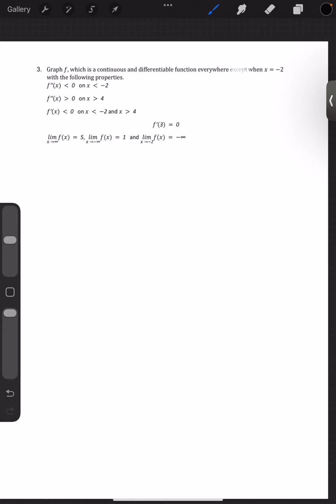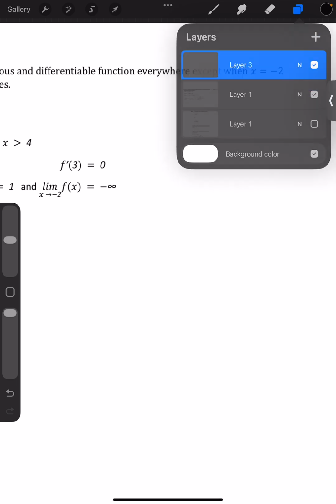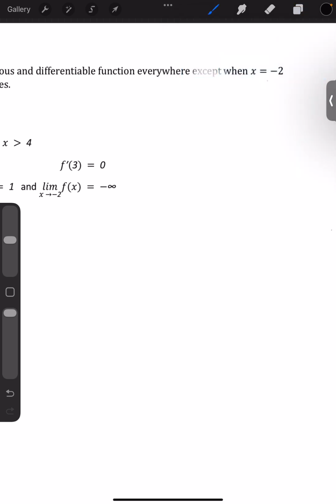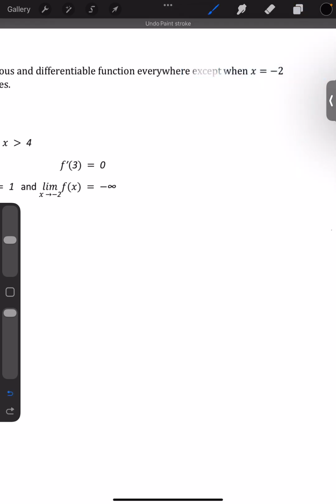It tells us that graph f, which is a continuous and differentiable function everywhere except when x equals -2, has the following properties. Just judging by that statement alone, we can tell that x equal to -2 will likely be a vertical asymptote.